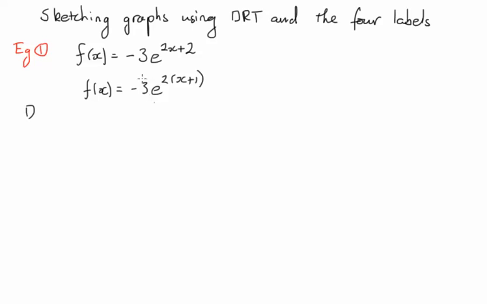We have a factor of 3 here, so we have a dilation by a factor of 3 from the x-axis. Over here we have a factor of 2, but that's near the x, so that's going to be dilation by a factor of 1/2 from the y-axis.